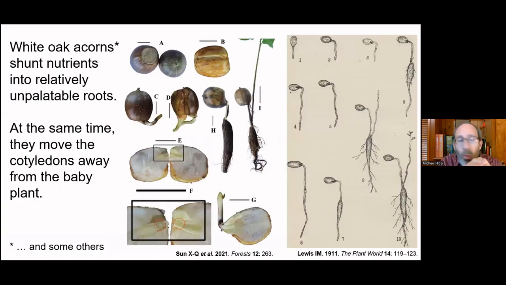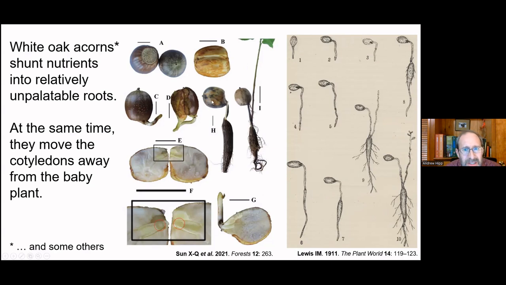Okay, now they've got all these tannins in there. That's not going to stop every acorn disperser, right? So white oak acorns and probably many other species shunt nutrients into the roots rapidly as they begin germinating. So for instance, this is Quercus virginiana.